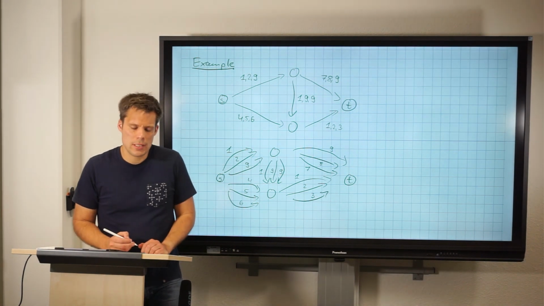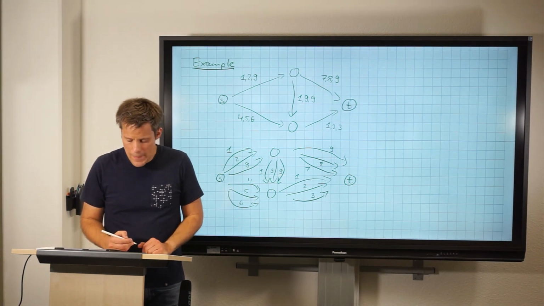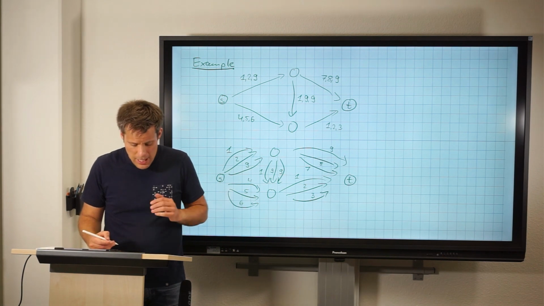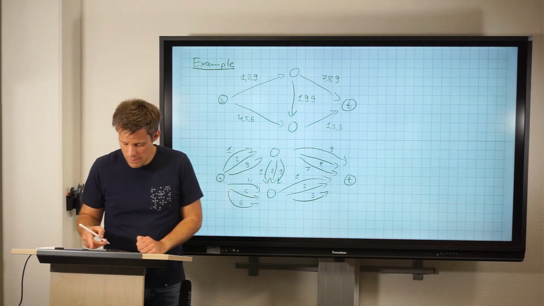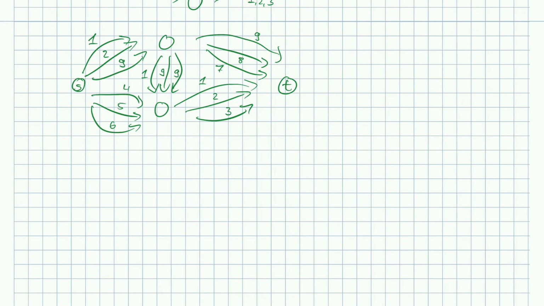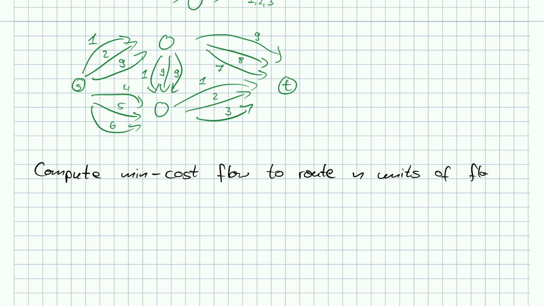If you know the correct algorithm to do this, we now find a min-cost flow to route n units of flow from S to T. Cool.